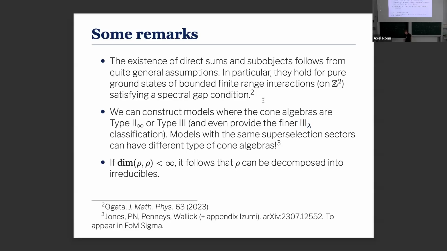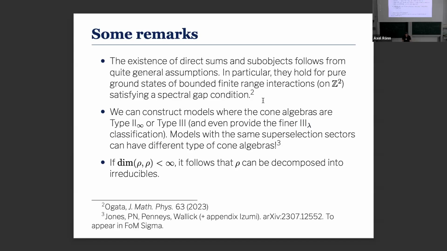The interesting thing is that you can define models that have the same superselection structure but different types of cone algebra. So the type of this algebra is more of an artifact of how you define the model than a real physical invariant. That was quite surprising when I found it out.